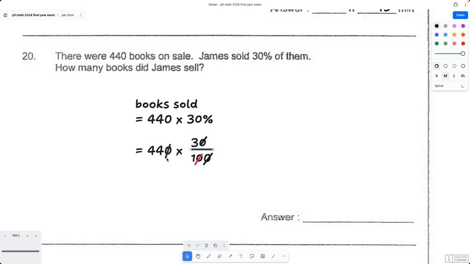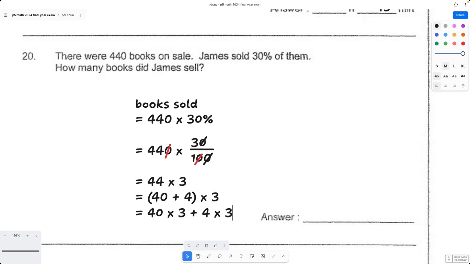So that means it's basically 44 times 3, which is 40 times 3 plus 4 times 3.